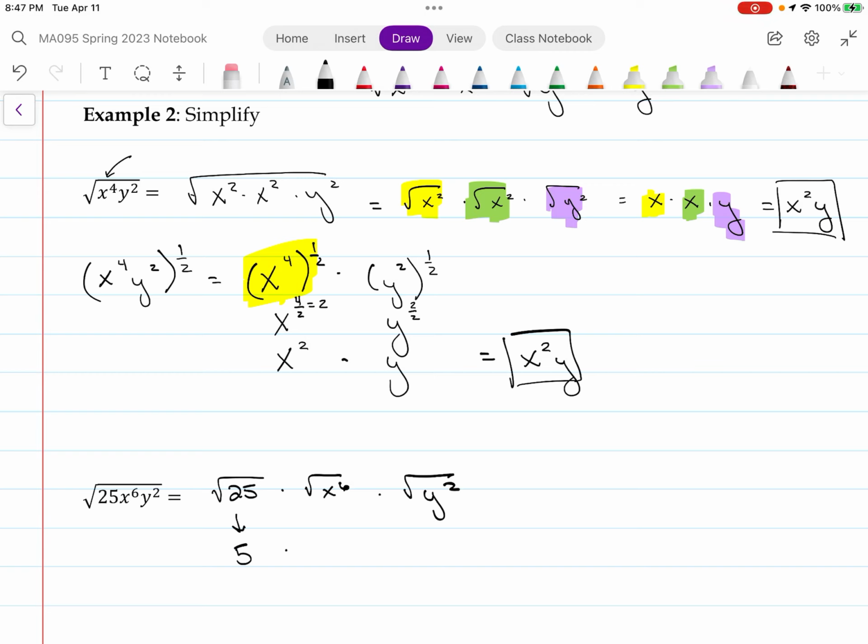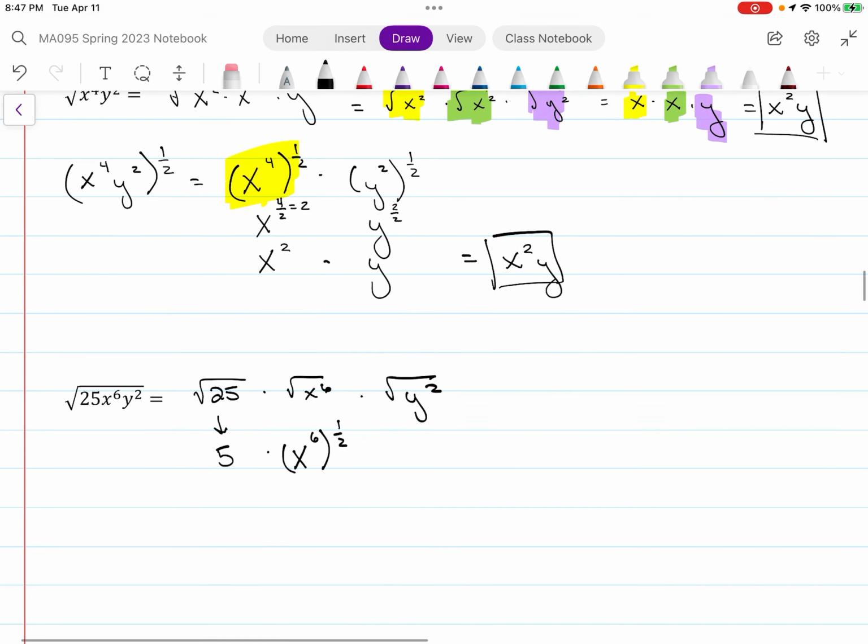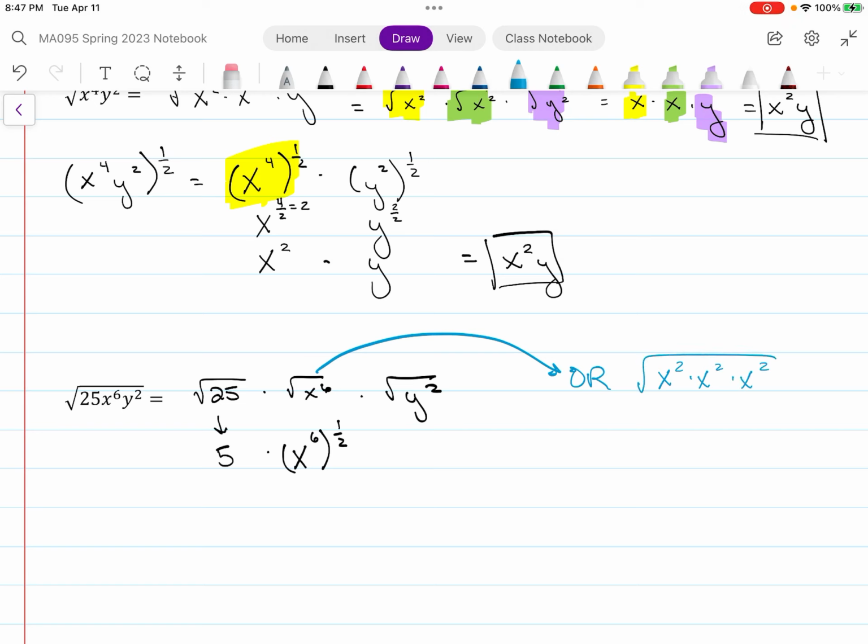The square root of x to the 6th is like x to the 6th to the 1/2 power. Or you can think of this as x squared times x squared times x squared, all under a square root.